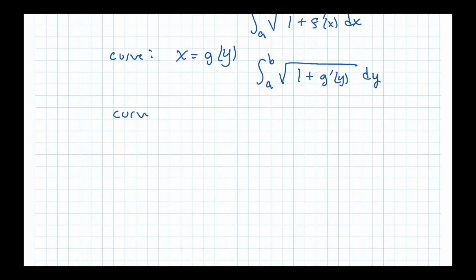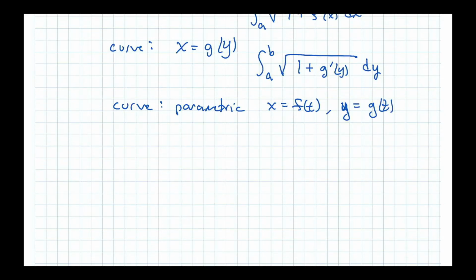And if your curve was parametric, where you had x as a function of t, and y also a function of t, then your integral would have been an integral from a to b of the square root of f prime squared plus g prime squared dt.